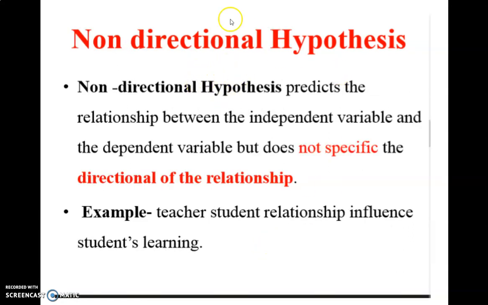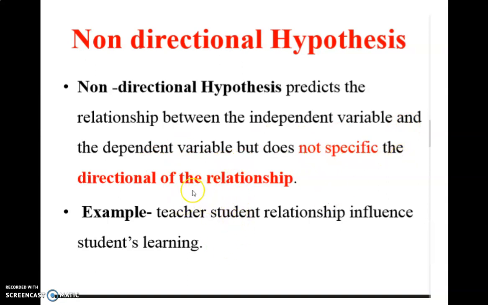The next one is non-directional hypothesis. So in the hypothesis, when the researcher writes it, he never gives any direction in the variables. So non-directional hypothesis predicts relationship between independent and dependent variable but does not specify the direction of the relationship.